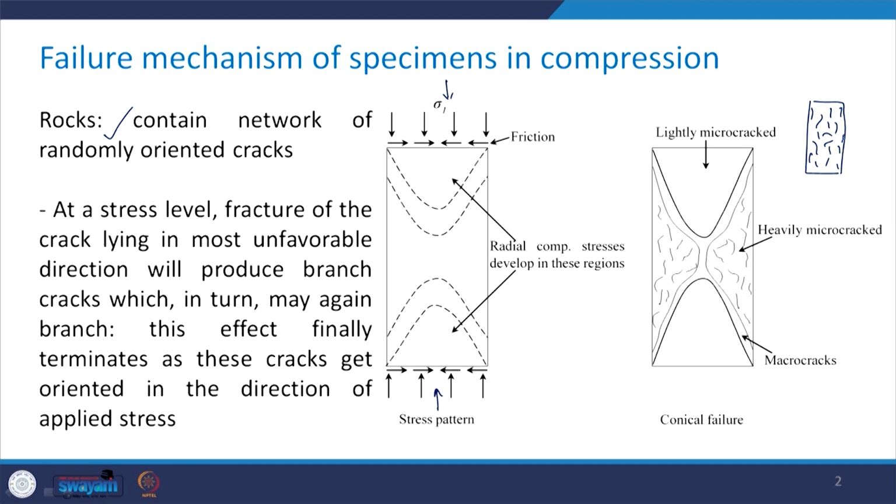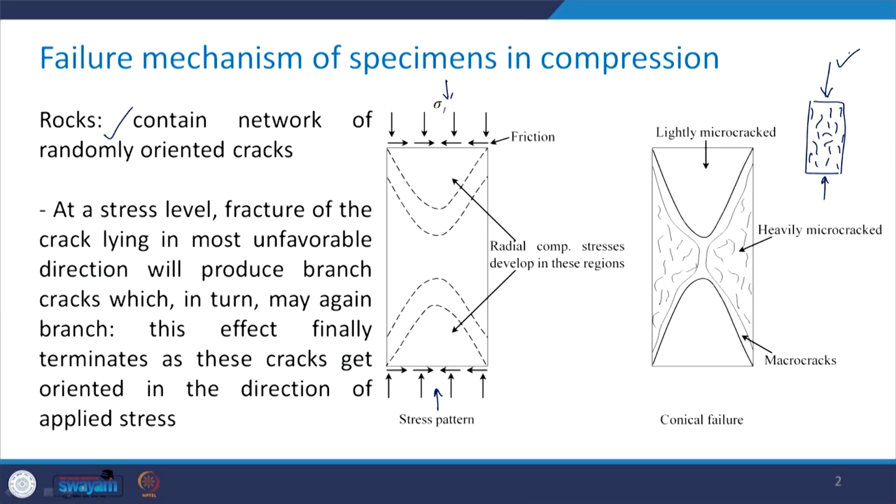The moment you apply the load, the crack which is lying in the most unfavorable condition with respect to the application of this load will start propagating, it will develop its branches and these branches will further branch. And slowly this branching effect will be in such a manner that all these cracks will orient themselves in the direction of the applied stress, that is this one.